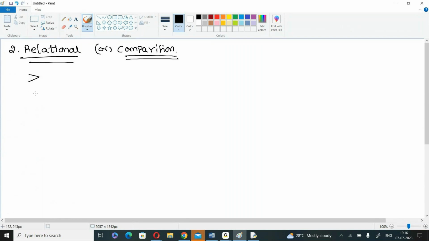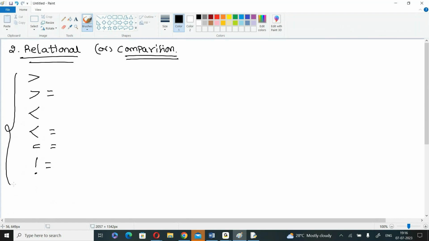Greater than, less than, greater than or equal to, less than or equal to, not equal to. These are the different relational operators. What is the output? If you are performing an arithmetic operation, according to the value and the symbol, we get some output. Coming to relational, I will give one question to you.